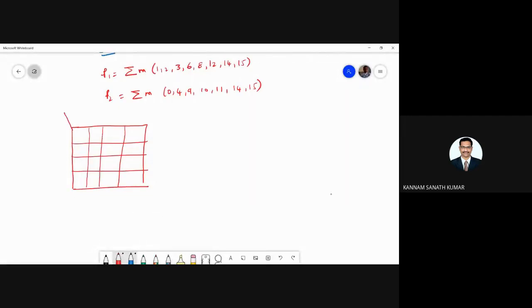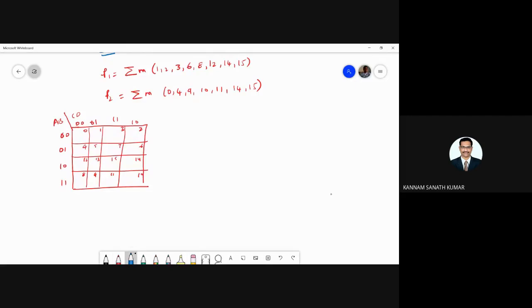This is AB and CD: 00, 01, 11, 10 on each, with cells numbered 0 to 15.